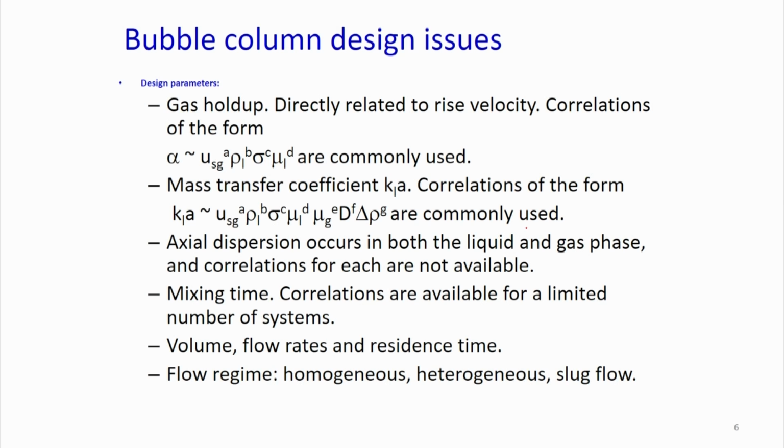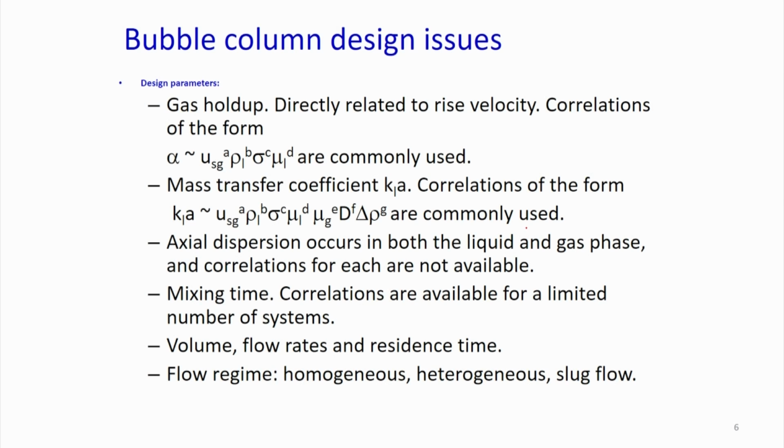The first thing is gas holdup, how much gas holdup is there, and that gas holdup is directly related to the velocity you are using. If you have a higher throughput, higher holdup will be there. If you are using a lower gas velocity or operating at a lower throughput, lower holdup will be there. Several correlations are available, and again, I am not going to favor any correlation.